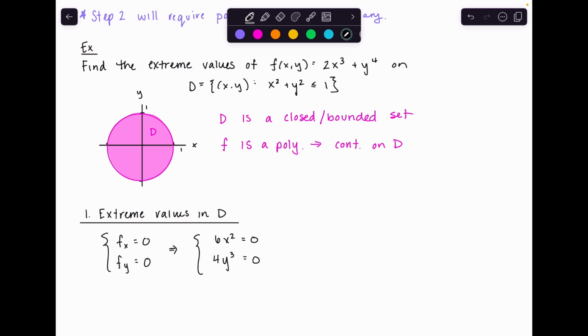For the second, I need y to be 0. So (0, 0) is the only critical point. And that is definitely inside of D. If you found points that were outside, you would not need to test them. It's only the ones inside D.